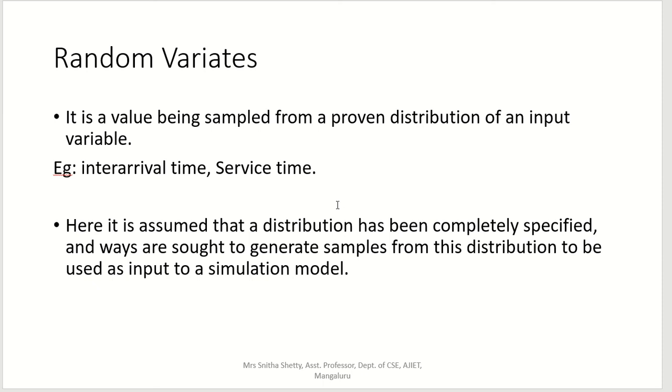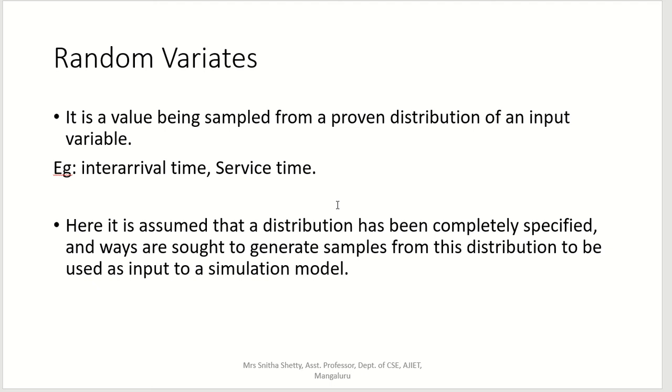Before that, we studied the random number and its basic properties. The random number should satisfy two properties: the uniformity property and the independence property.